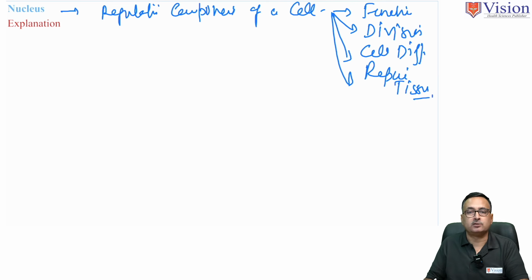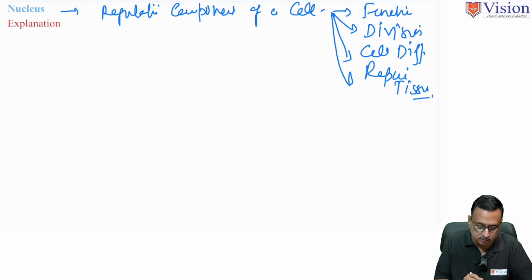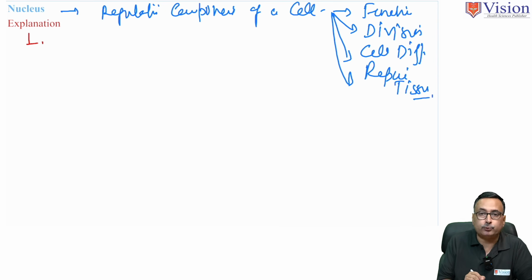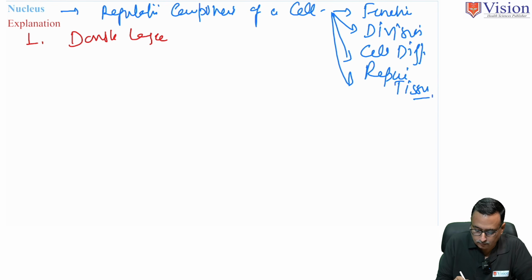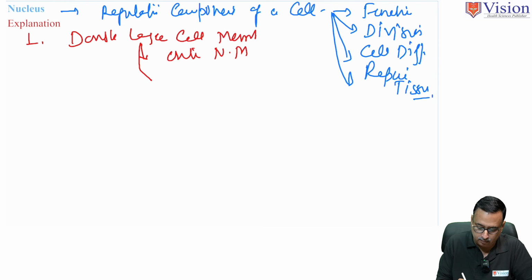Now, since the nucleus is so important, let's discuss the structural parts of a nucleus. First of all, the nucleus is surrounded by a double layer membrane. These are the outer nuclear membrane and the inner nuclear membrane.